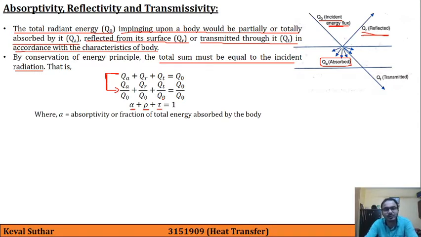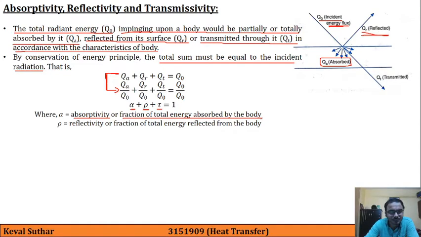where alpha is known as absorptivity or fraction of total energy absorbed by the body. So alpha is given by QA upon Q0.